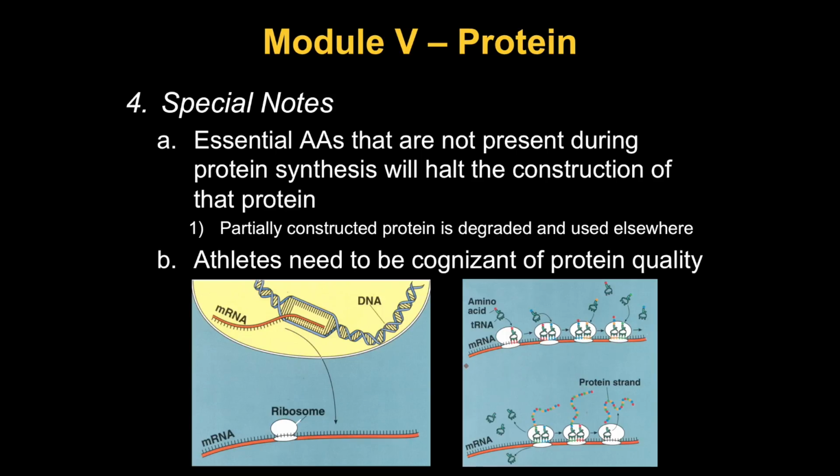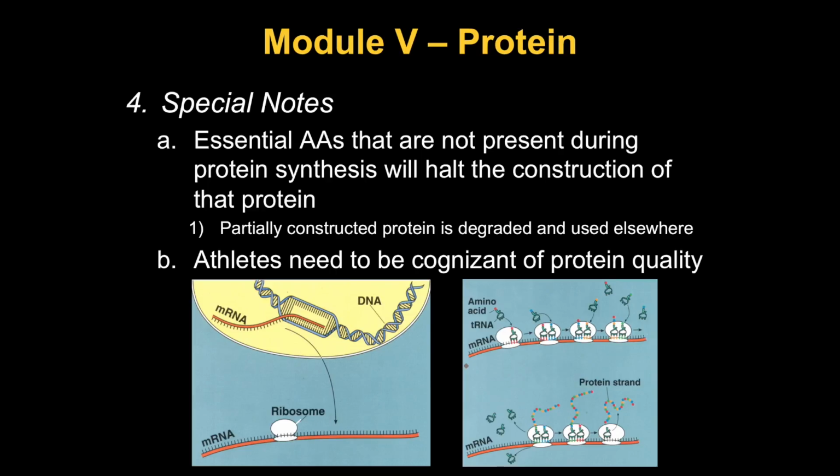Athletes really need to be cognizant of protein quality, because if they're not getting all the essential amino acids, then that could consequently shut down protein synthesis. So we don't want to affect transcription and translation of proteins.